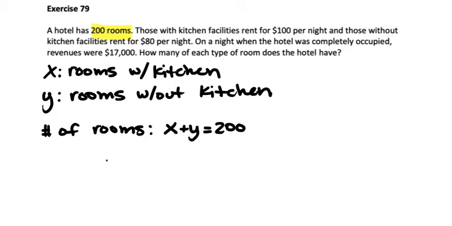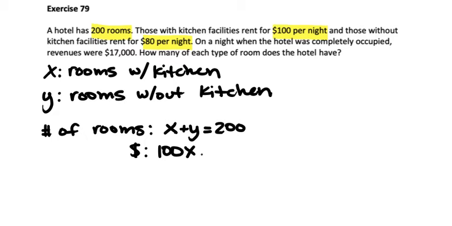Now I have another equation that I can write with the information about the revenue or the money. With kitchen is $100 per night, and without kitchen is $80 per night. So for each room with a kitchen, I'm making $100 per night. So my revenue from those rooms is 100 times x. $100 for each room times x number of rooms.